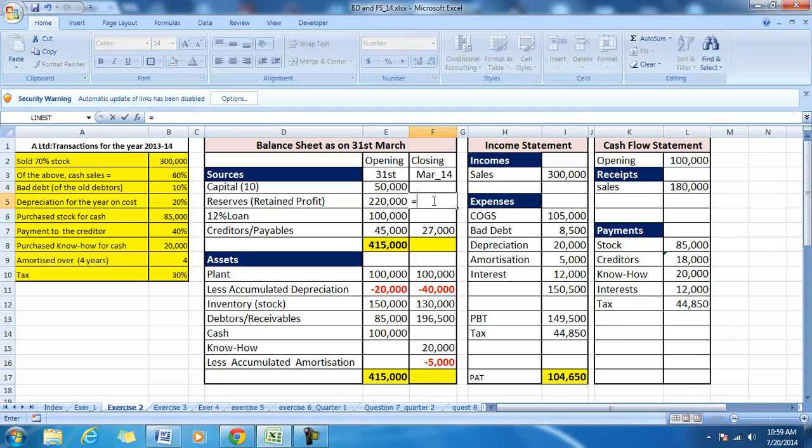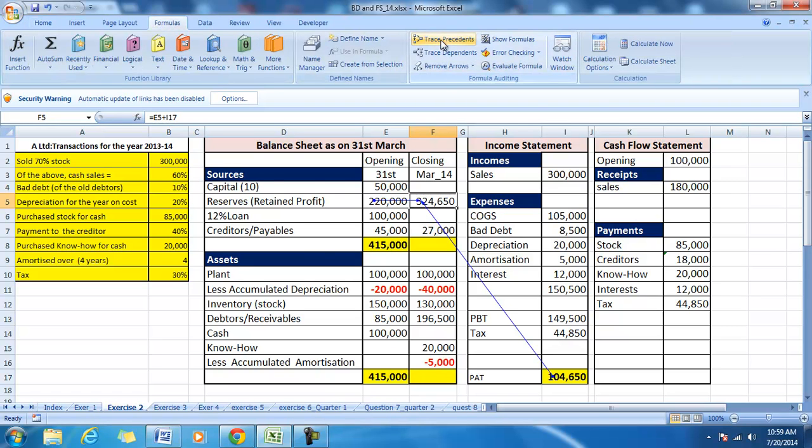If no information is given, we'll retain the entire profit, and the retained profit becomes a source. So profit is transferred to the reserves, that means we have not distributed the profit and retained the profit for further investment.